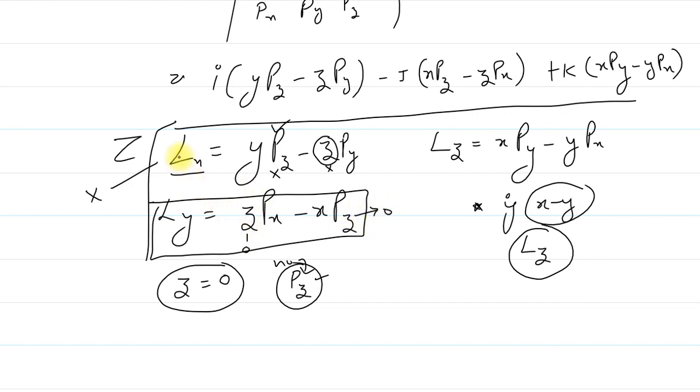So no Ly will be there. You can easily check that z is 0 and pz is 0. Because of these 0 values, Lx and Ly come out to be 0. So it means that only the z component of angular momentum is there.